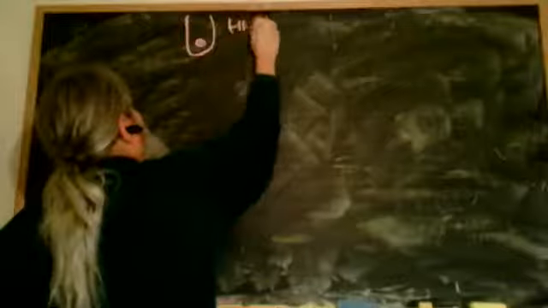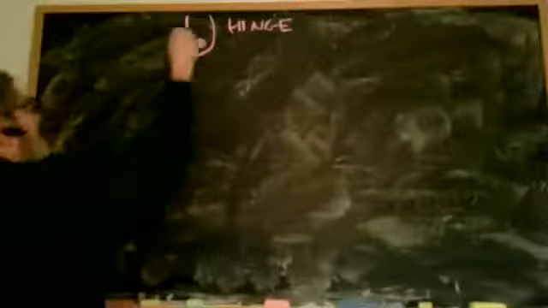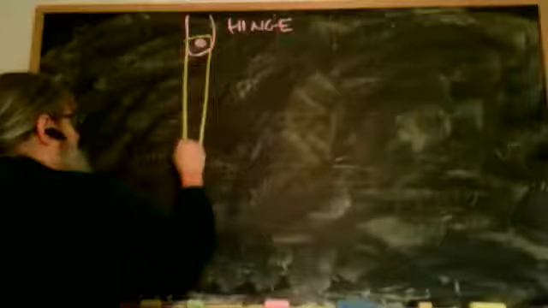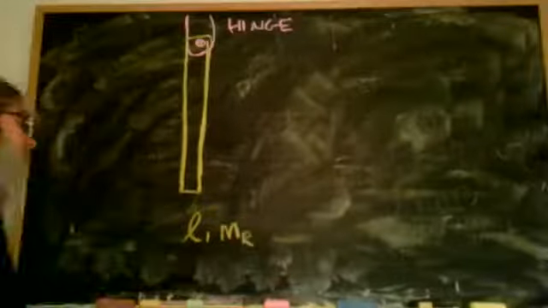So here's the idea. I've got a hinge, again, attached to the ceiling. And then I've got a rod. So here's my rod, a thin rod of length L and mass M sub R. Okay?